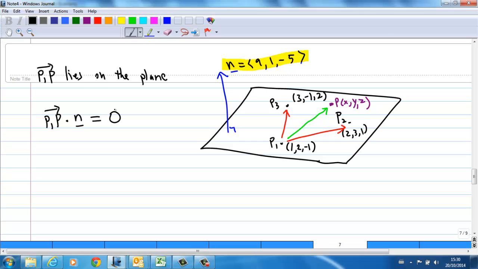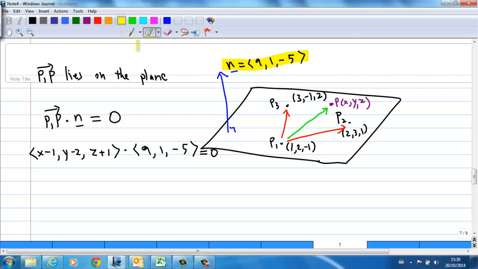Now P1P is equal to the vector <x minus 1, y minus 2, z plus 1>, and the vector n is given by <9, 1, -5>. And the dot product is 0.